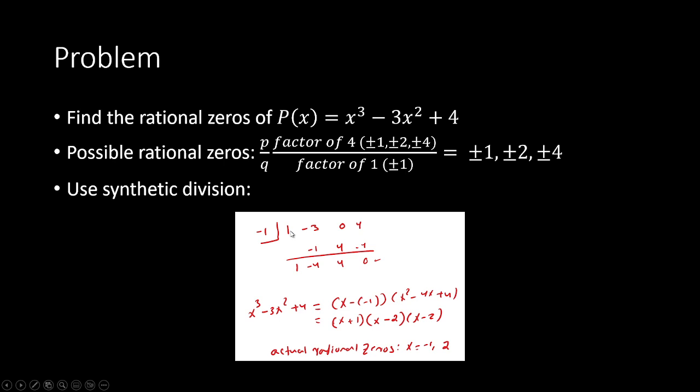So you have 1, negative 3, since you have no x term, 0, 4. Using negative 1: bring down the 1, you get negative 1. Add them, you get negative 4, 4, 0. So you get x squared minus 4x plus 4. Solving for 0, you get x equals negative 1 and 2.